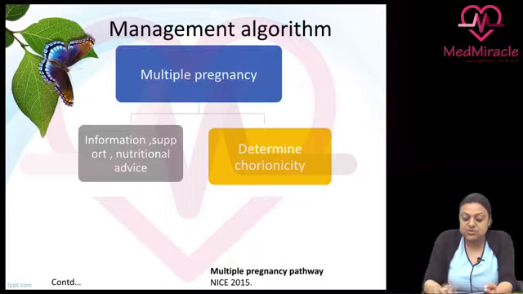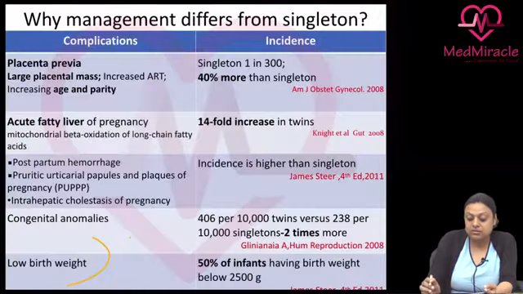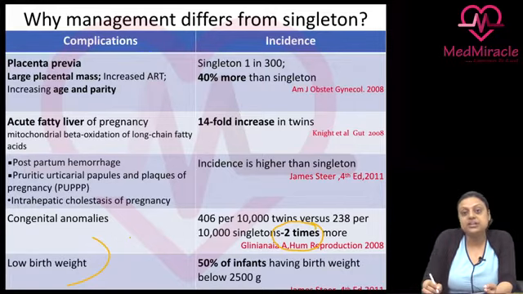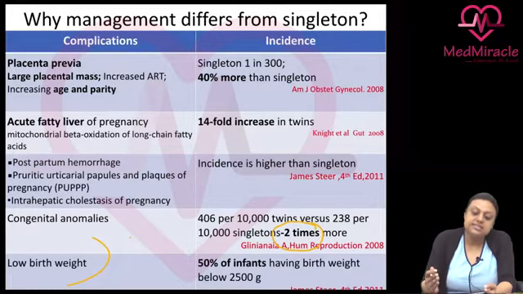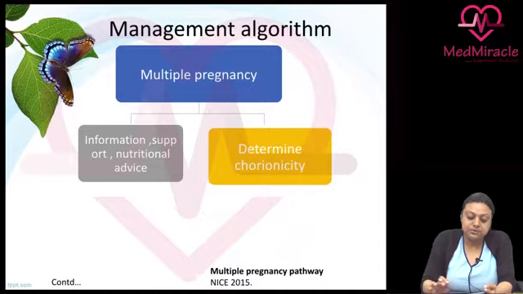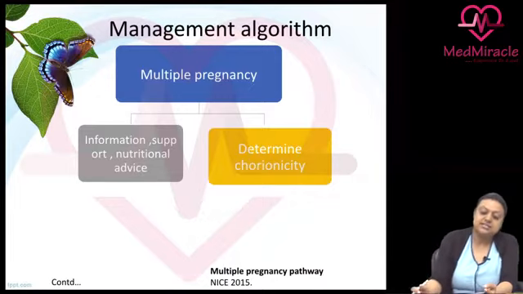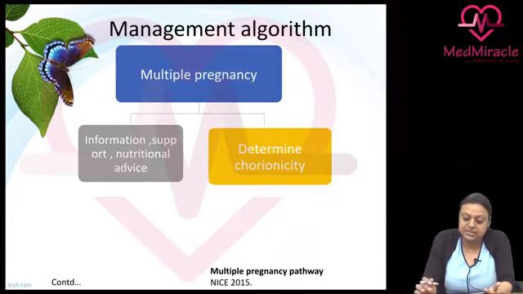There is also an MCQ regarding the incidence of congenital malformations in twins, which is double that of a singleton pregnancy. So now let's discuss how we manage a multiple pregnancy.